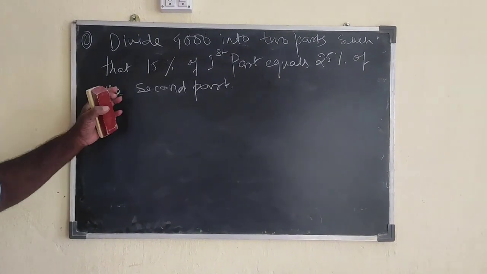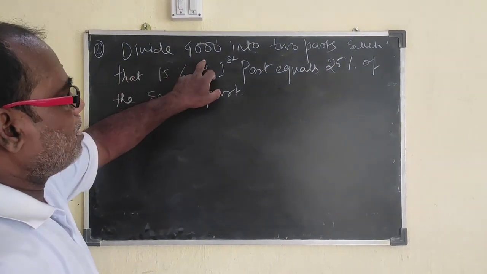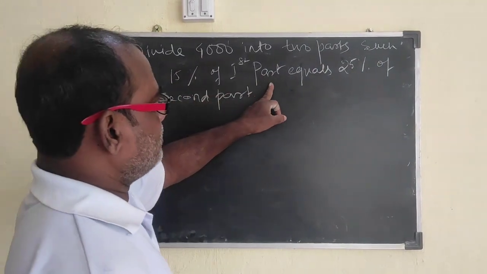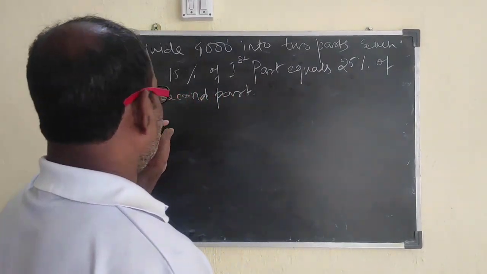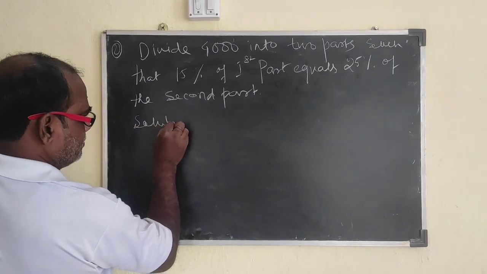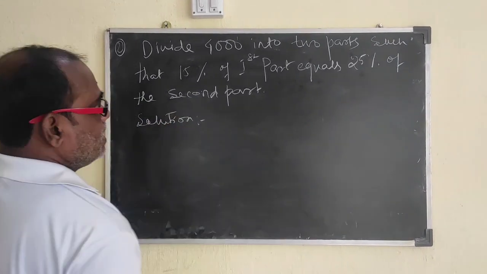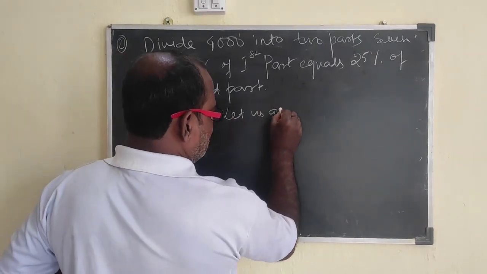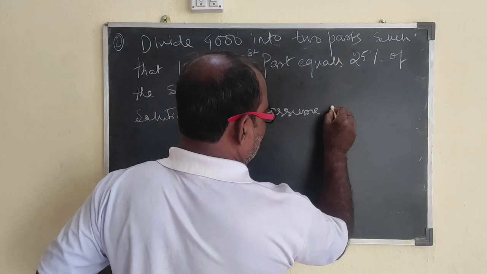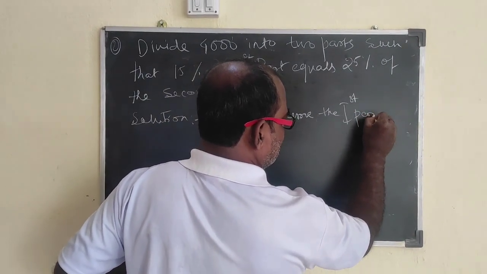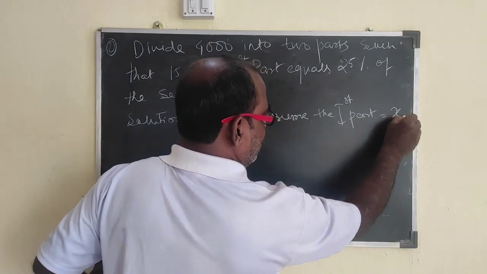One more question: divide 4000 into two parts such that 15% of the first part equals 25% of the second part. Solution: let us assume the first part is equal to x.